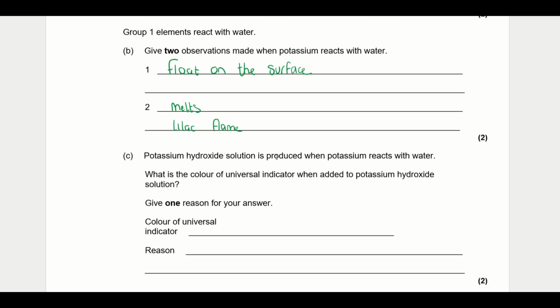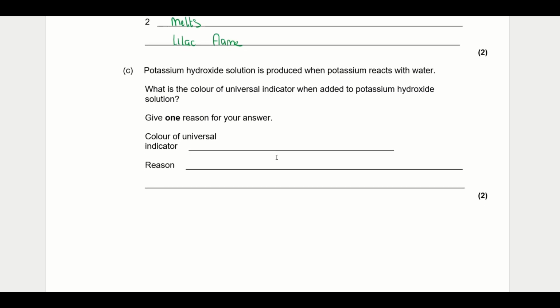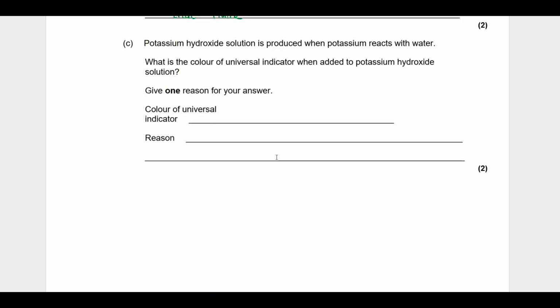Now question C, it says potassium hydroxide is produced when potassium reacts with water. What is the colour of universal indicator when added to potassium hydroxide solution? Give a reason for your answer. Now the first thing I would say is potassium hydroxide, most of you will know this, but if you don't, a hydroxide essentially means that it's a base.